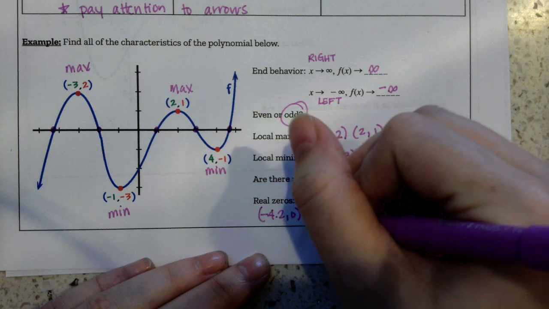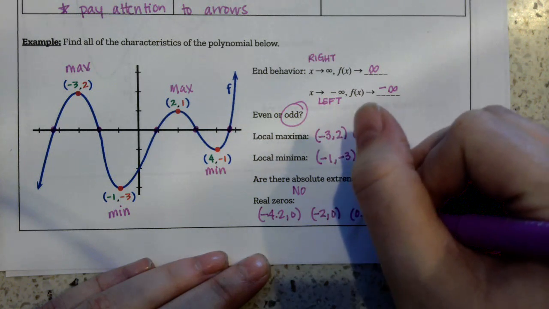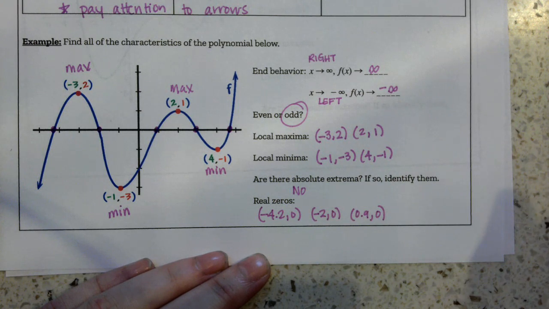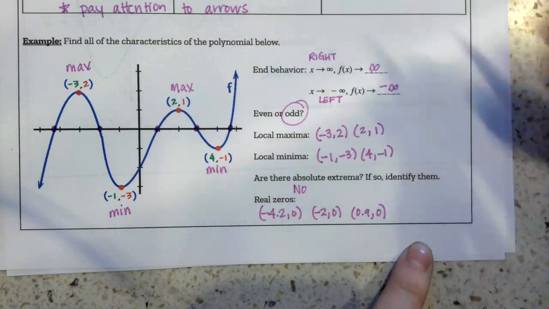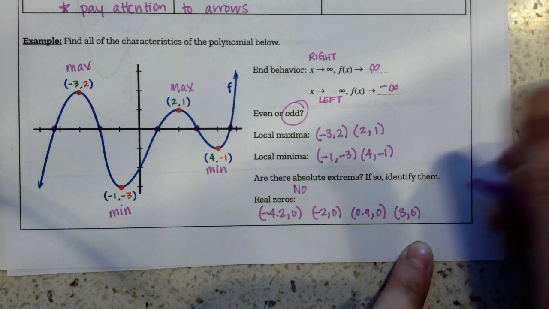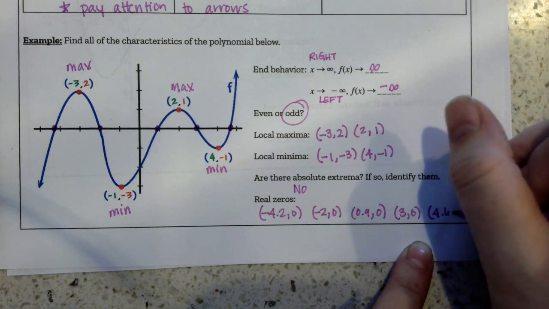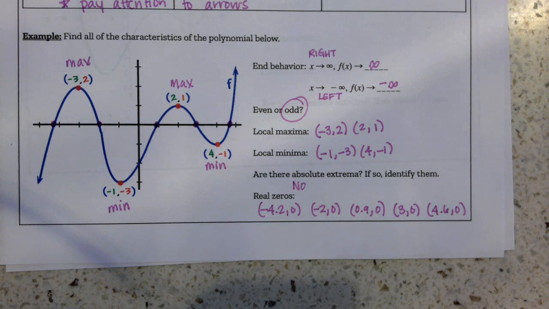The next one is negative 2. The next one is 0.9-ish. The next one is 3, sorry. And our final one is 4.6-ish. This is how you find all of those characteristics for the polynomial.